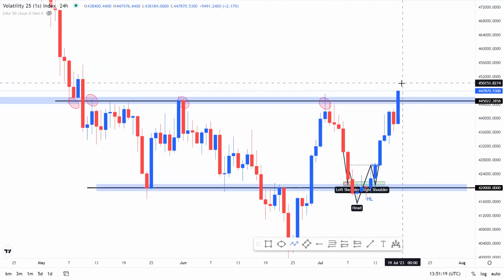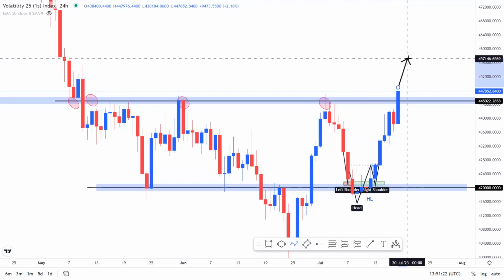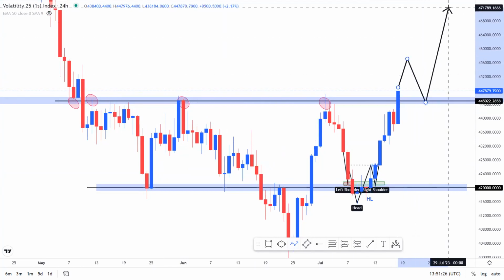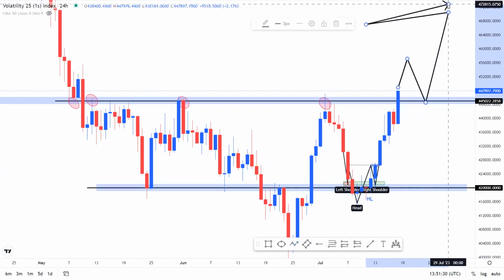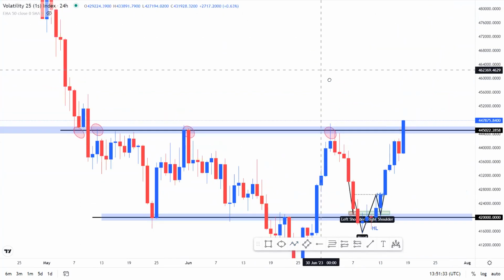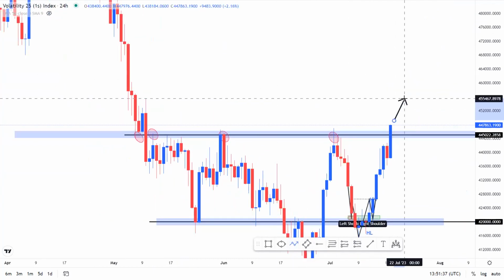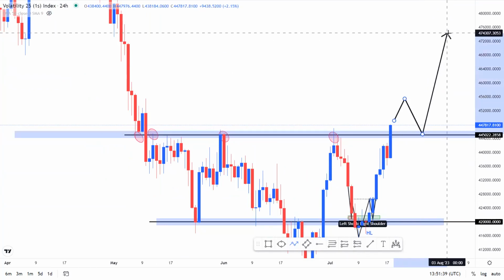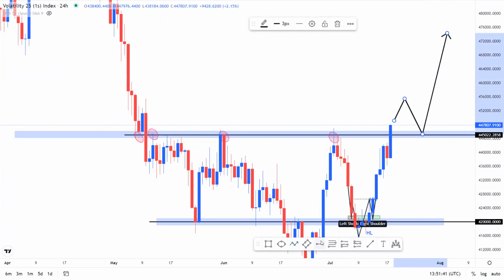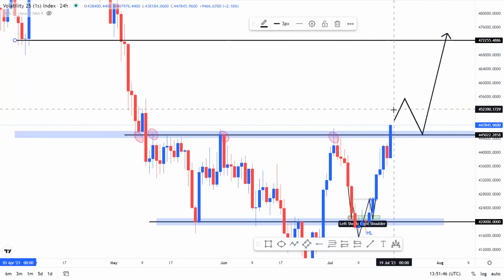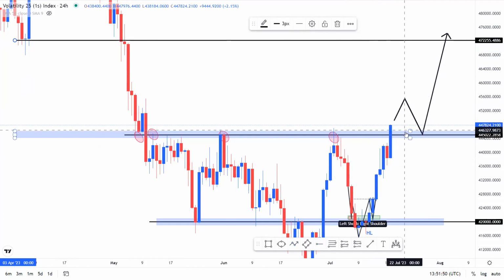Even though currently I'm very much hoping for a daily time frame close above this level and then a retest, or even more potential buying opportunities to the upside. So once I have myself a very solid daily candlestick close above this level, I'd simply wait for the retest.